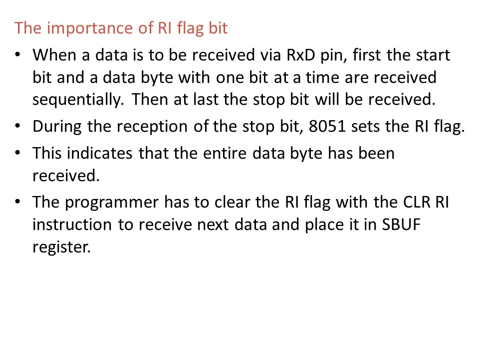Then the stop bit is received. During the reception of the stop bit, 8051 sets the RI flag, that is RI equals 1. This indicates that the entire data byte has been received.